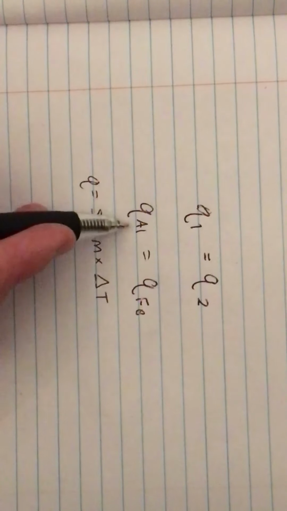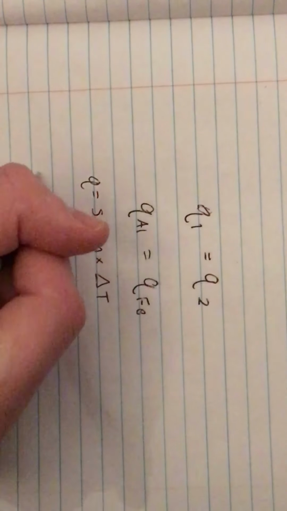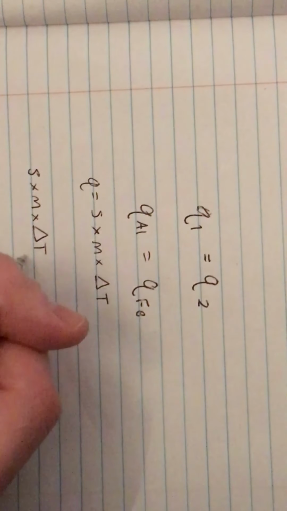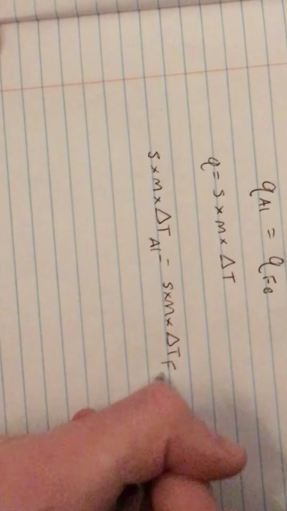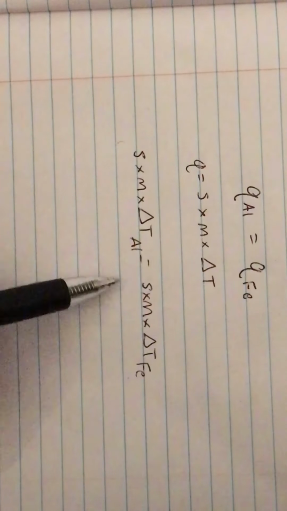So if we have Q of aluminum and Q of Fe, then we can just substitute the S times M times T of aluminum is equal to the S times the M times the T for iron, right? Doesn't that make sense? Because this is just Q right here, given by this equation. And since we know these two Q's are the same, we can just substitute these two in.